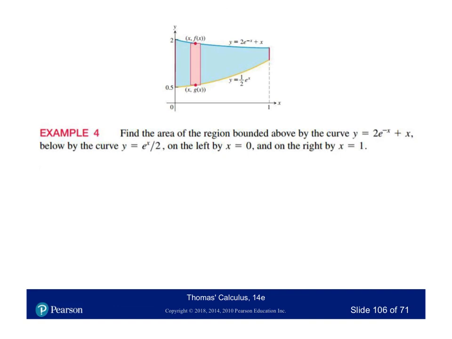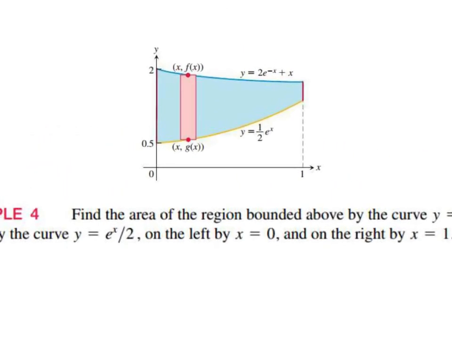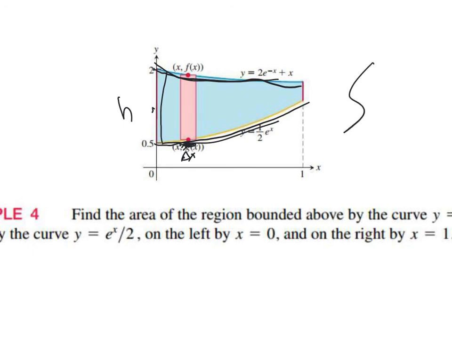Another problem, same idea. Upper function, lower function. The height of every rectangle is the top function minus the bottom function. And the thickness is always a delta x, but in the integral, it's a dx.